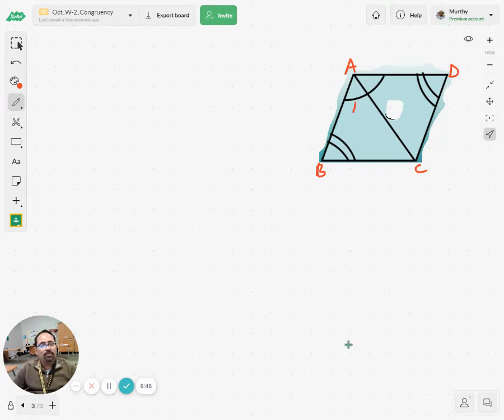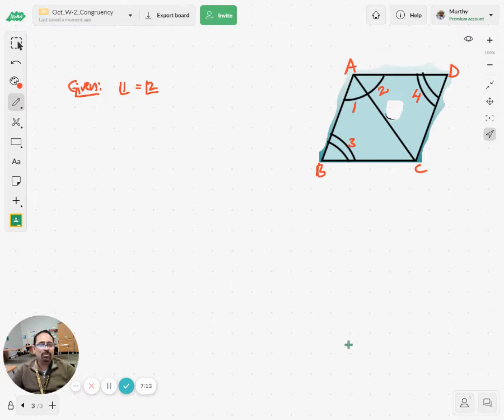So let me mark as numbers like 1, 2, 3, and 4. I see that angle 1 and angle 2 have the same kind of markings, the same symbols, with one line. So angle 1 equals angle 2.